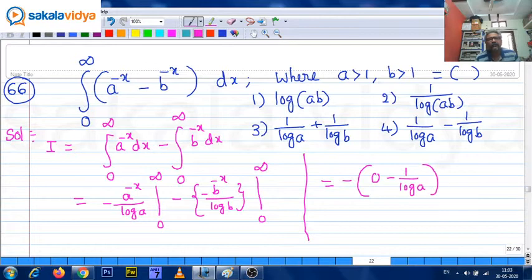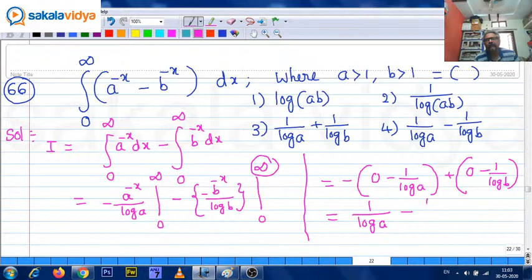In the similar fashion, minus into minus plus, as x approaches infinity, b power minus x is 0, minus b power 0 is 1, 1 by log b. This minus into minus plus, 1 upon log a minus 1 upon log b. This is the answer.